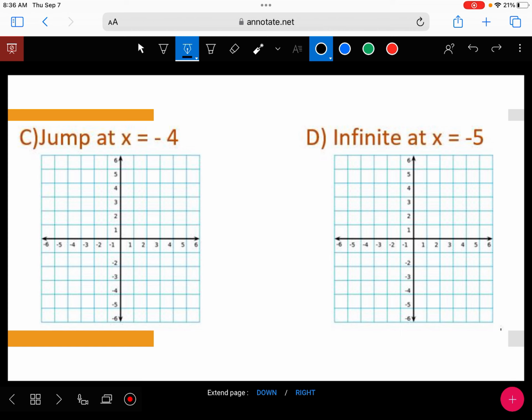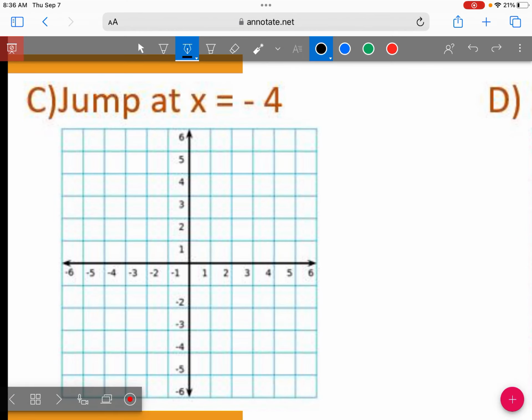All right, I'm going to go ahead and talk through this real quick. So for your jump at x equals -4, it's really common. I saw a lot of people put your open and your closed circle, okay? And then you made them both go the same direction.